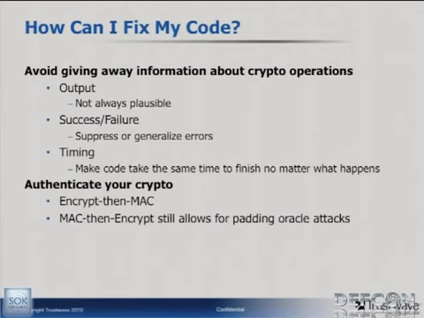So if you're at 0 and you just mess around with the ciphertext and produce a valid ciphertext, it's probably better than 0. So authentication is good because it prevents people from messing with that, at least to some degree. Also, you want to encrypt and then MAC. If you MAC and then encrypt, it still allows for padding oracle attacks.